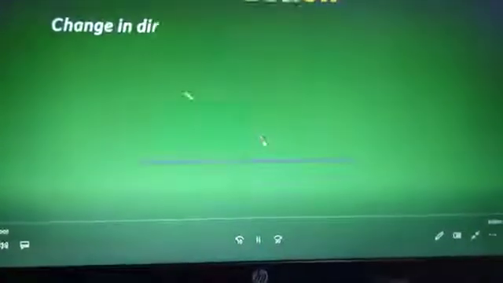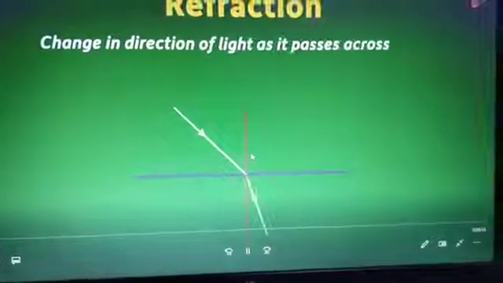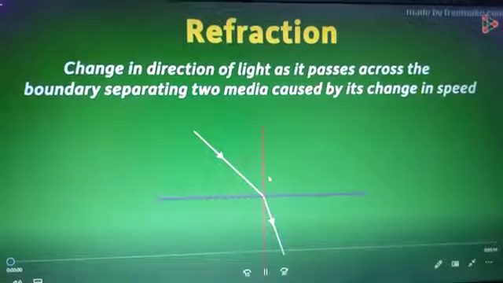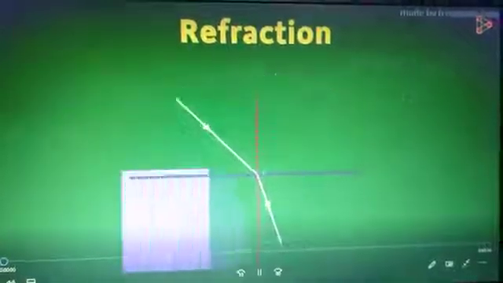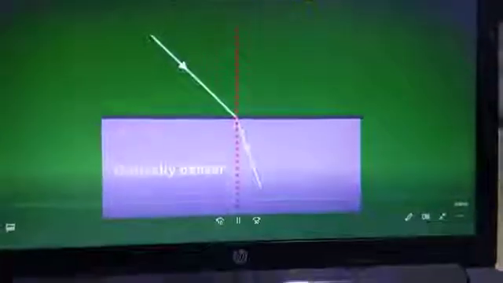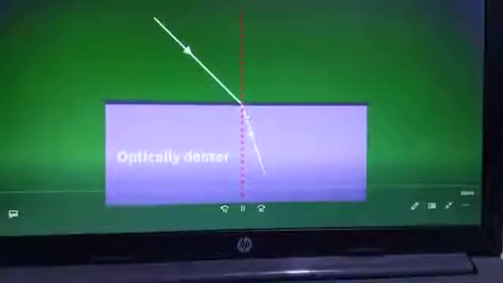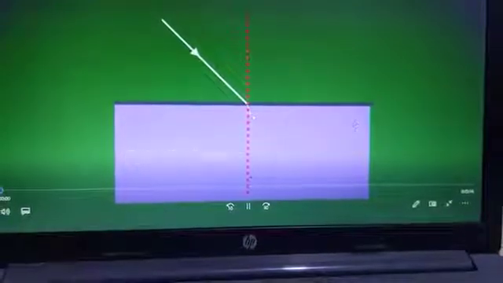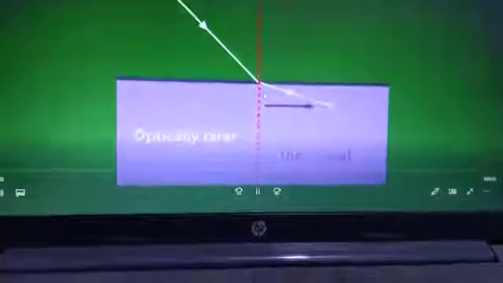What about the law of refraction? Refraction is the change in direction as light passes across the boundary separating two media, caused by a change in speed. This is optically rarer, so it bends away from the normal.